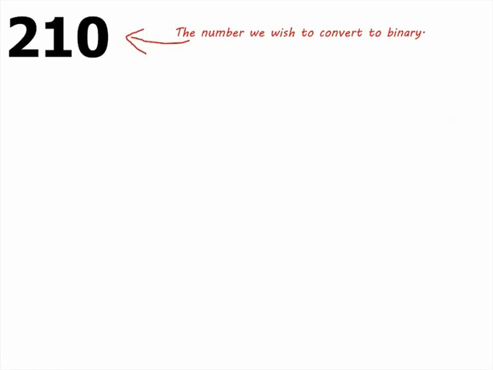Write out your place numbers, 1, 2, 4, 8, 16, 32, 64, and 128. The first question to ask when trying to convert the number is you start with 128's place and you see if 210 can be subtracted by 128 and still be a positive number.